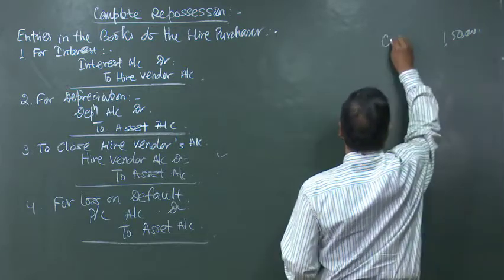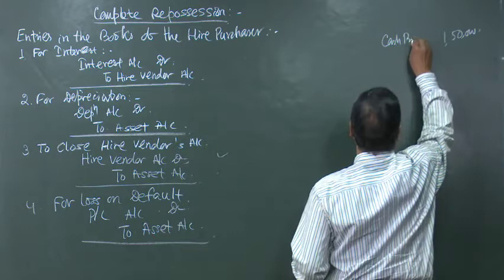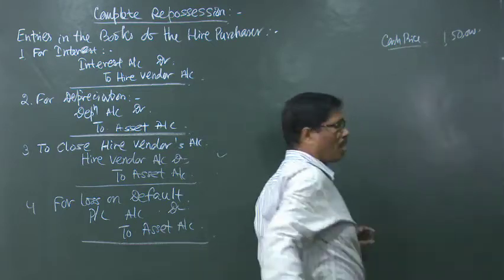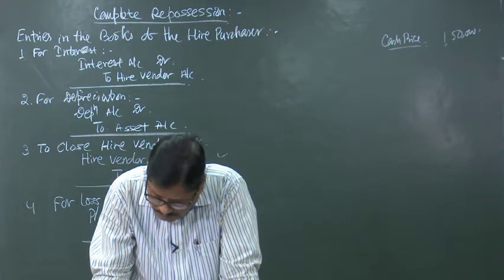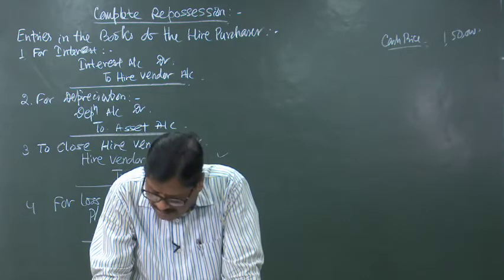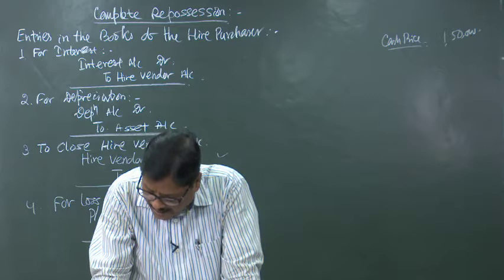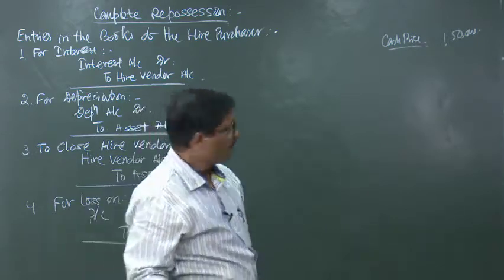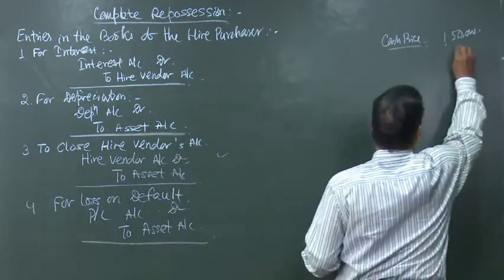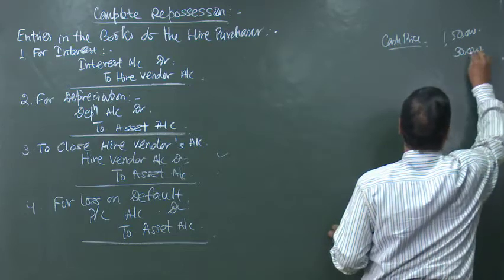So, this was the cash price. Then payment was to be made 30,000 down and remainder in 3 equal installments together with interest at 5% per annum. So, first of all 30,000 rupees will be paid. This is the down payment.